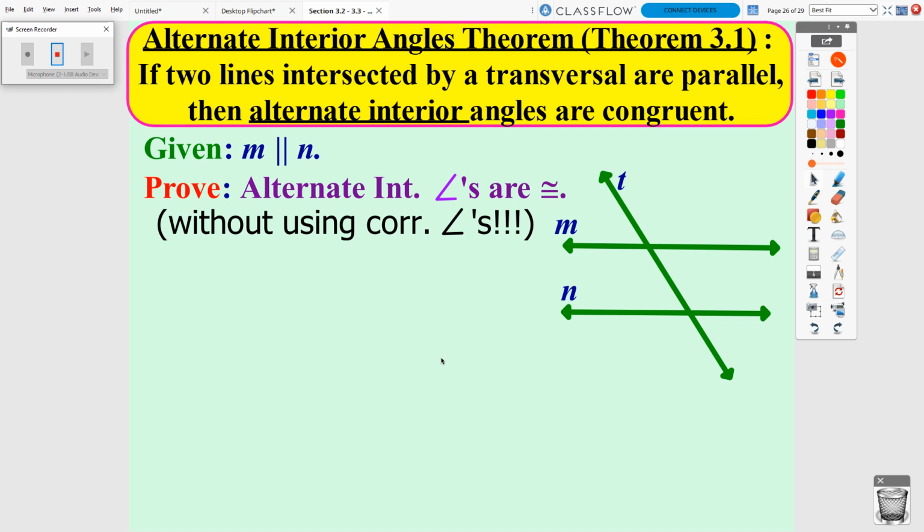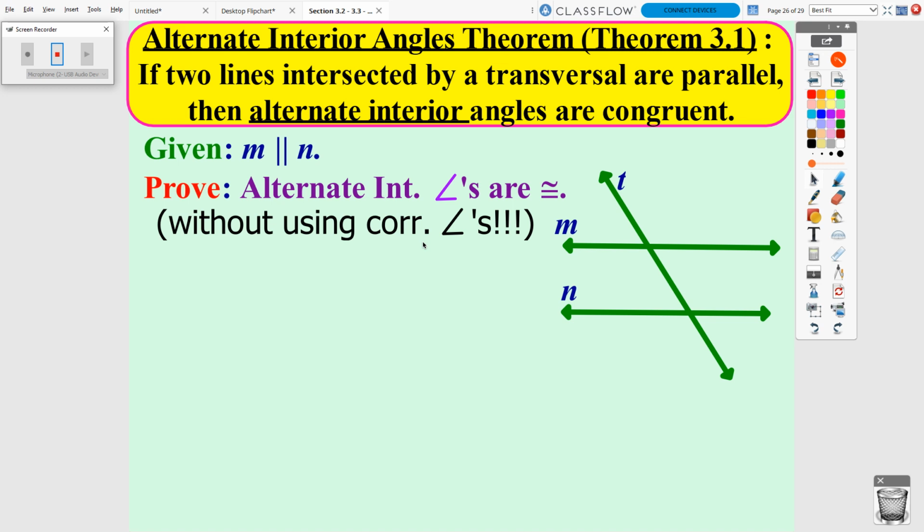All right? So the first two proofs we're going to look at, we've already looked at these, but we're going to look at them in a little different way. This goes back two videos ago when we first really started talking about proofs with our parallel lines. This was the alternate interior angles theorem proof, back at theorem 3.1, that said if you have parallel lines, then prove that alternate interior angles are congruent.